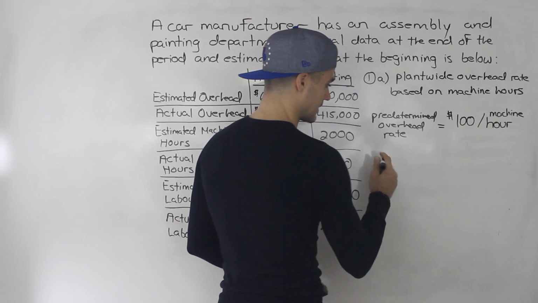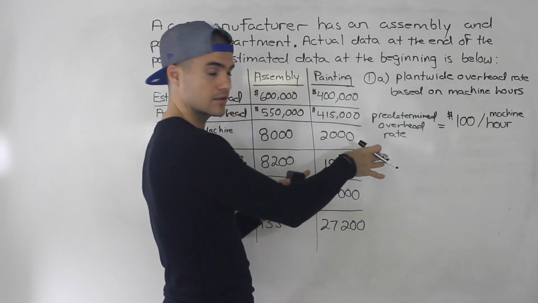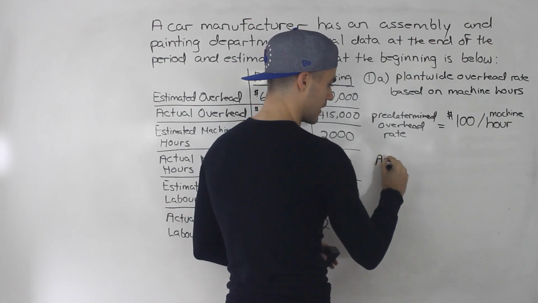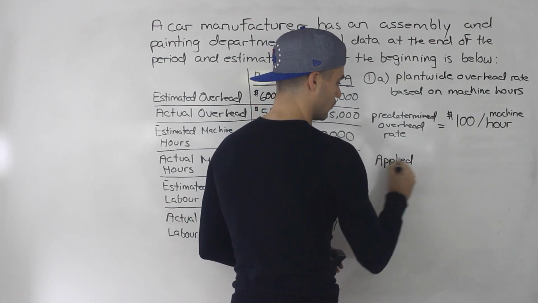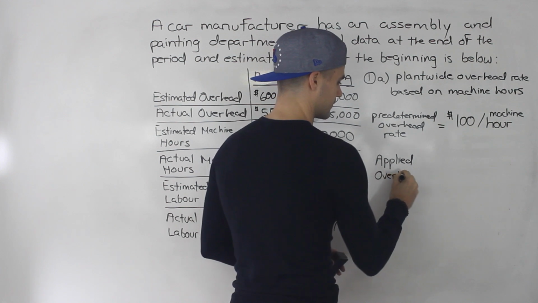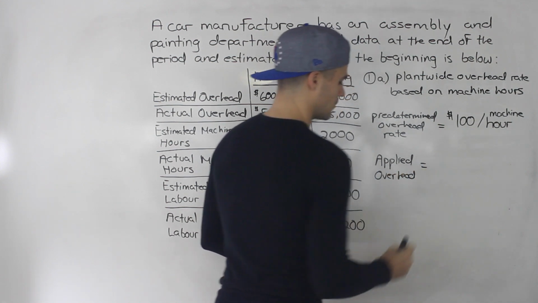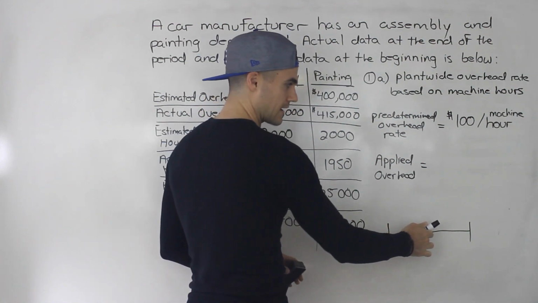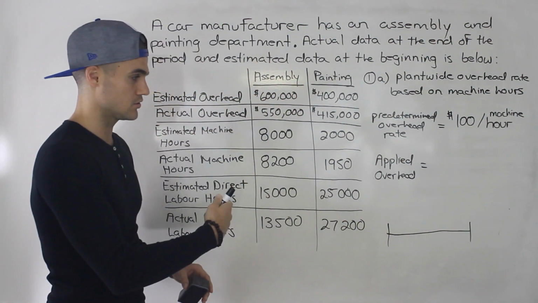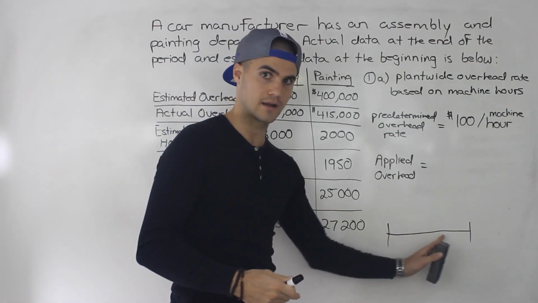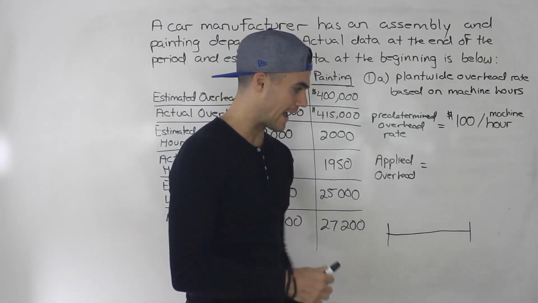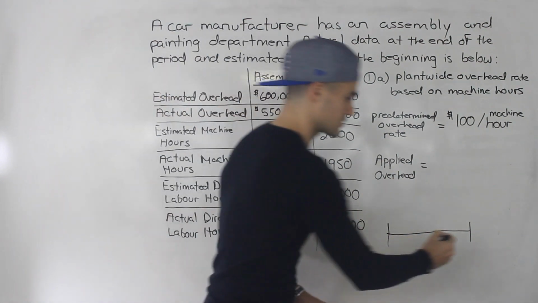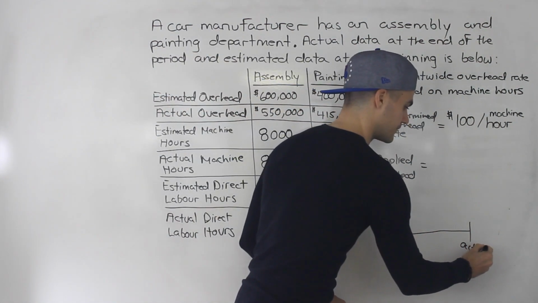And now that we have that, as that's at the beginning of the period, and then as the period goes on, we start applying overhead. And so what we want to know, let me draw this out again, is so as time goes by, the machines start getting used and we start applying overhead. And then we want to know how much overhead is applied by the end of the period. So we're going to have to look at the actual data to get that.